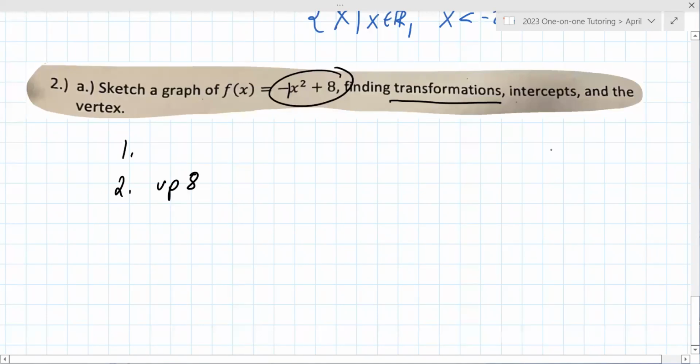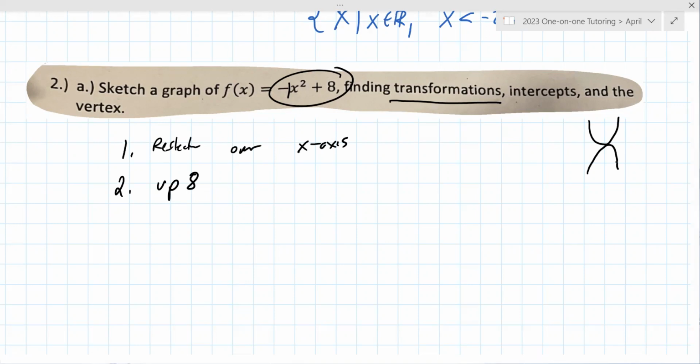This is a reflection over the x-axis. So normally it opens up, the minus causes it to open down. We could do a whole lesson just on transformations, but we don't seem to have it.